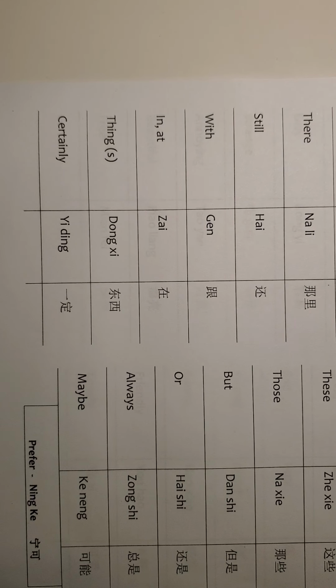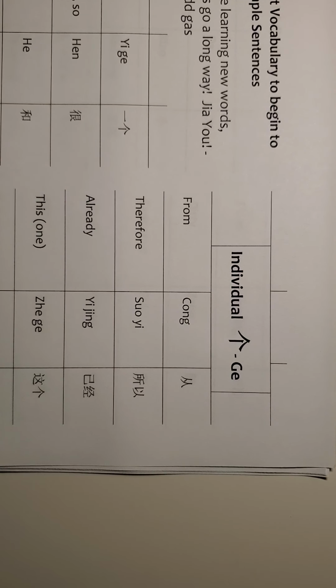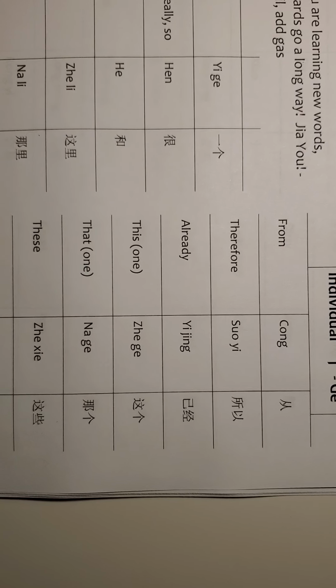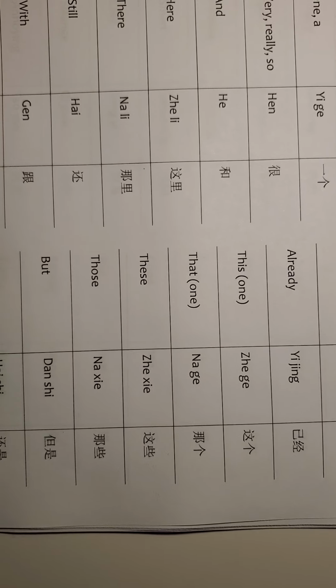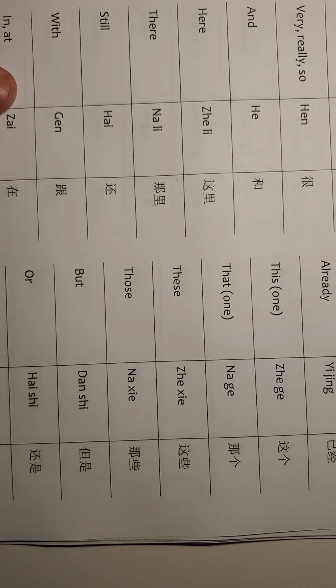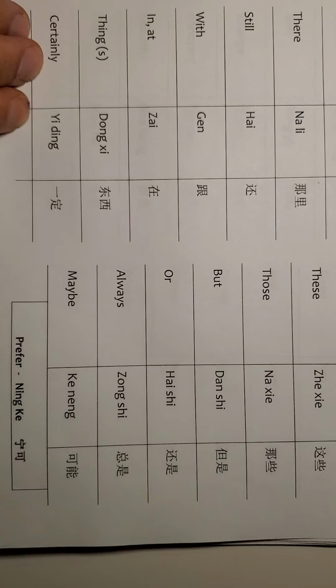Gen, with. 我跟他，我跟你，我跟我自己。Probably just re-go over these afterwards.